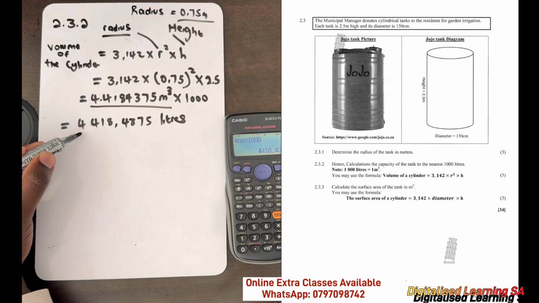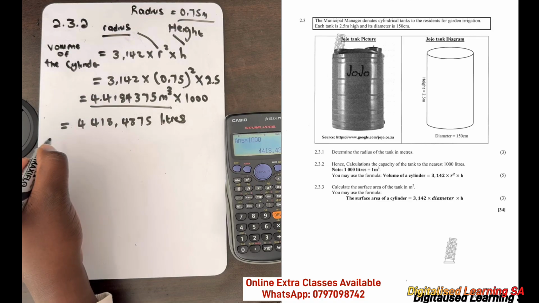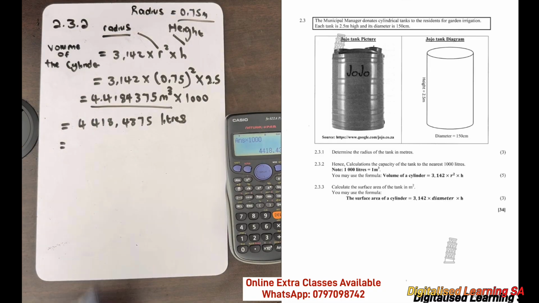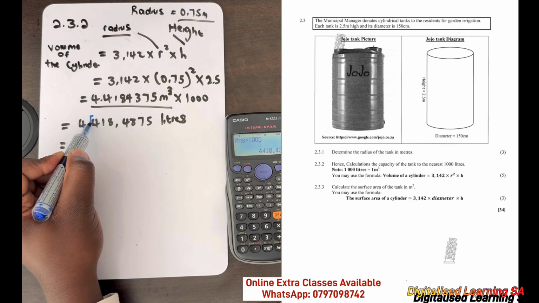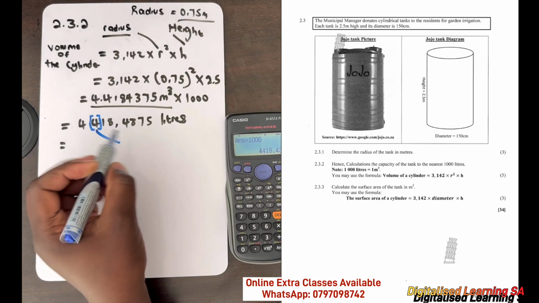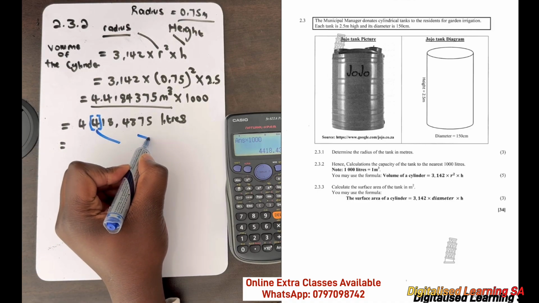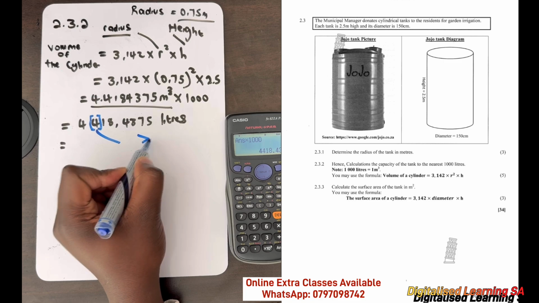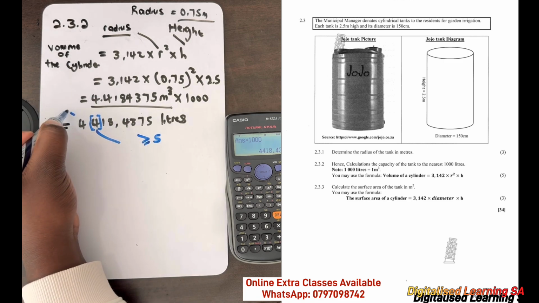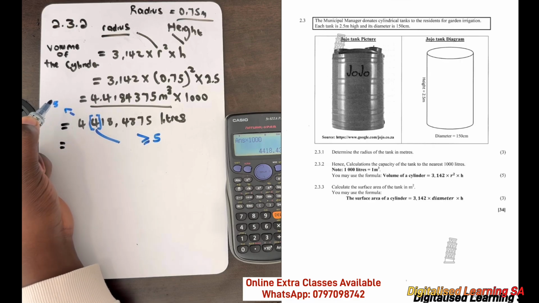And then we are told to give our answer to the nearest 1000 liters, meaning that we can either have 4000 liters or 5000 liters in this case. So we are going to check our second digit. If our second digit is greater than or equals to 5, it means that our 4 will now become 5.